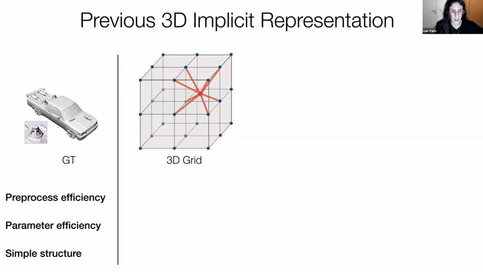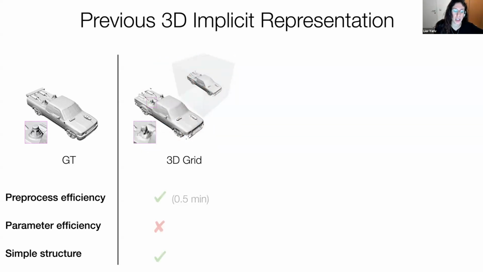Let's say we have some budget of around 350K parameters, and we want to approximate this car, and this will be the result of approximating the SDF of the car using a 3D grid with the budget that we have in hand.